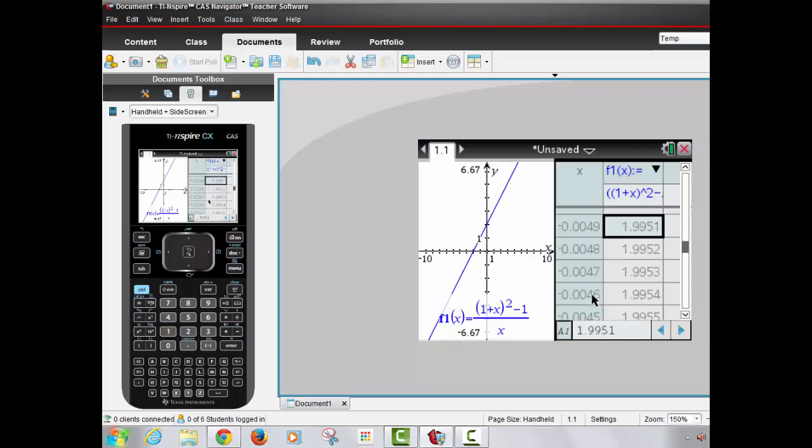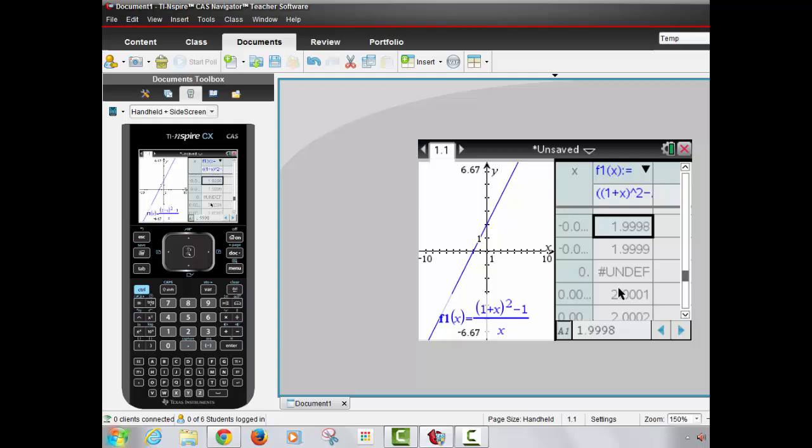And we say OK. And now we're going to scroll down our table, and you can see we're pretty close to 0. Our numbers are getting closer and closer to 0. And as our x values are getting closer and closer to 0, right now they're still negative, but they're getting closer and closer to 0, it looks like my y values are getting closer and closer to the number 2, 1.99. So let's look on the other side of 0, on the right side of 0.